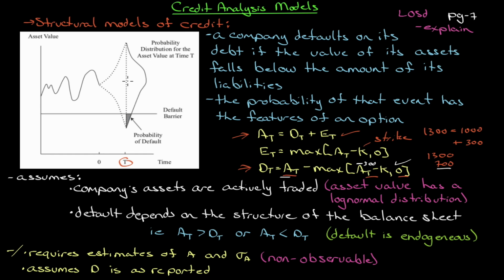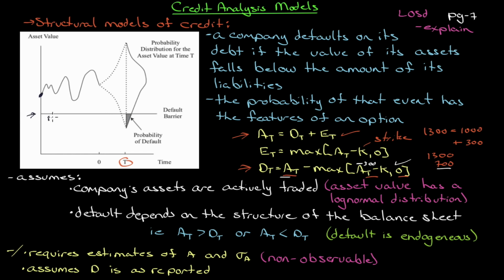If we can conceive of this in terms of an option analogy, we can figure out the probability of default using a Black-Scholes-Merton model, which assumes a log normal distribution. So here we are today. Let me change the color here to something that we can see. Here we are today. Here's the value of the debt.